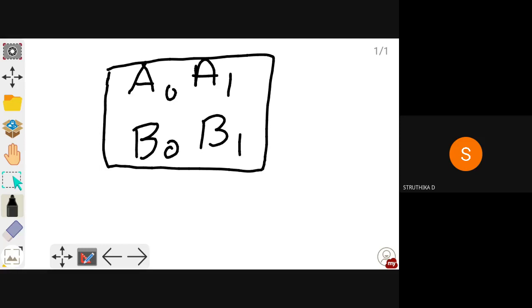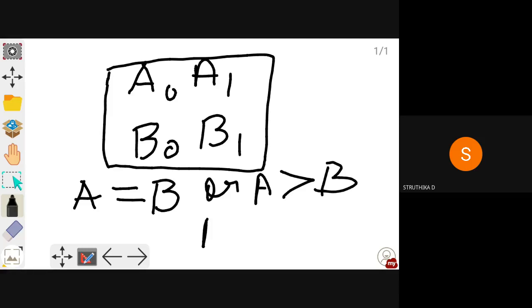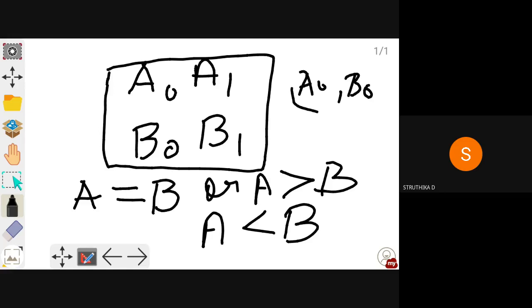The comparison result will be either A equal to B, A greater than B, or A less than B. So you are going to obtain three outputs: A equal to B, A greater than B and A less than B. While comparing one bit, your input will be A0 and B0 alone, so you will have totally two inputs.